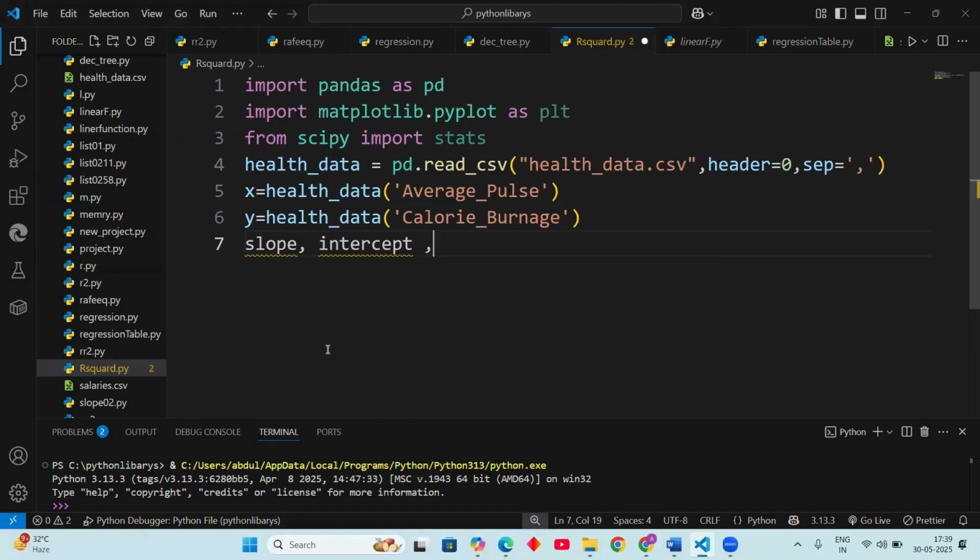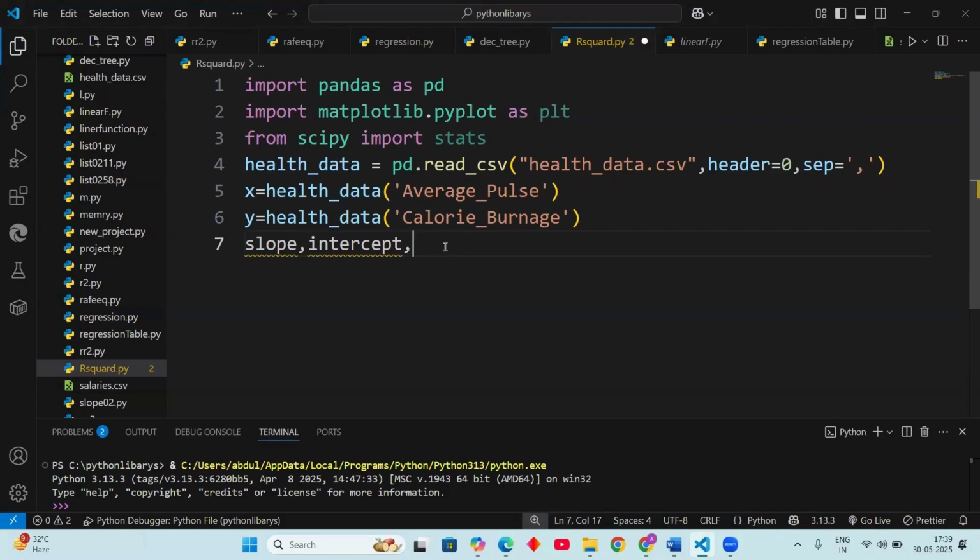Nothing but these all as variables. I am considering them as variables, and I am assigning these variables to the output of the stats. Okay. Now these are the functions, I am just assigning them as variables. I assign this to stats linear regression.